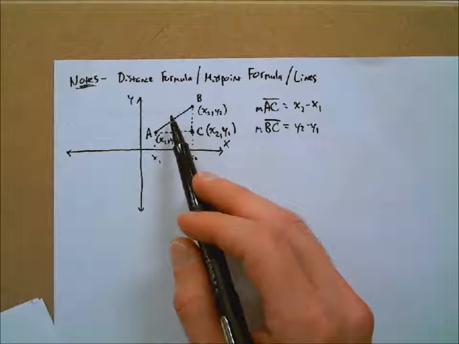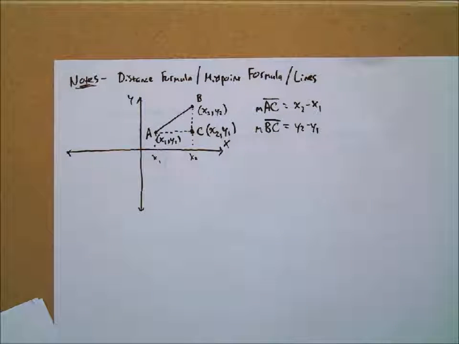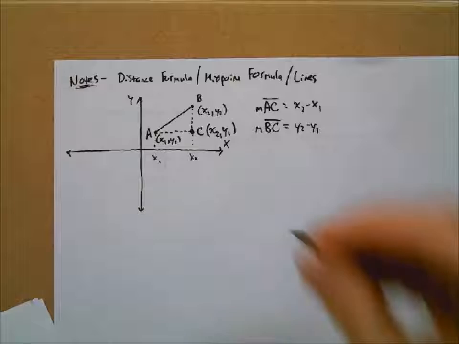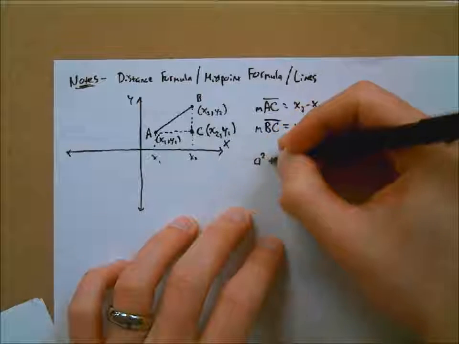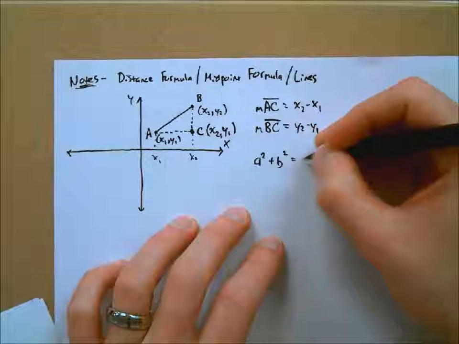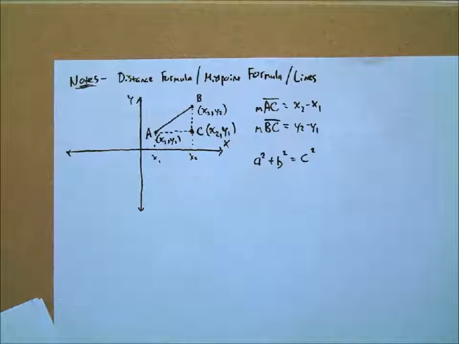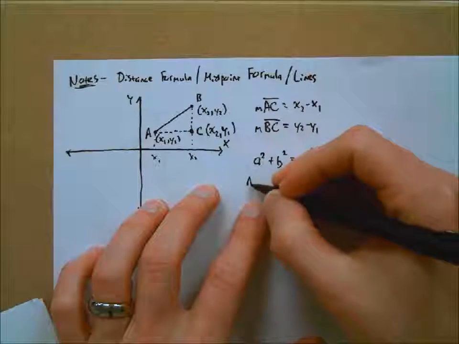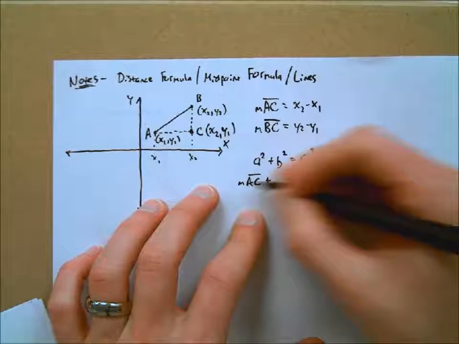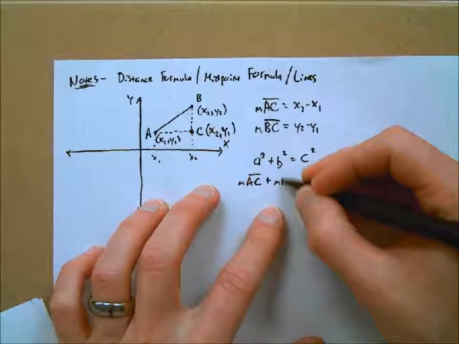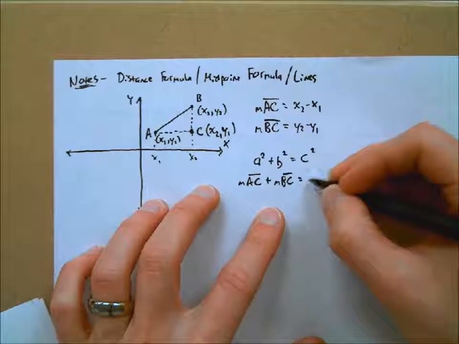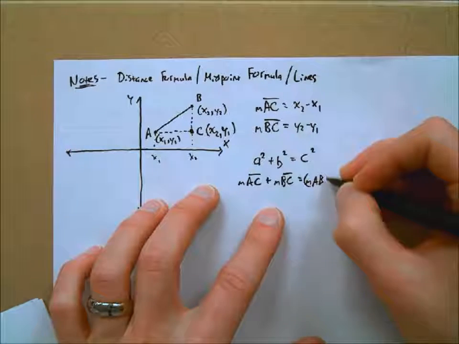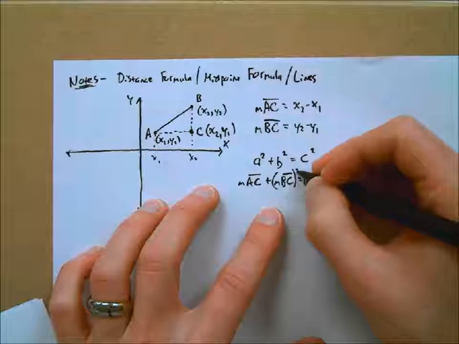What can we use to relate all three sides of a right triangle? Pythagorean theorem: a squared, leg squared, plus b squared, another leg squared, equals c squared, the hypotenuse squared. For this triangle, AC is one of the legs, BC is the other leg, and the measure of AB will be the hypotenuse, and that is our goal.